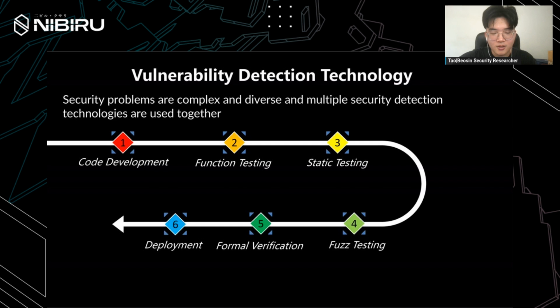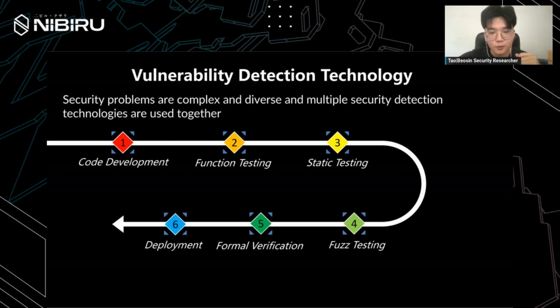A rigorous and secure business logic in your protocol is paramount for your project security. After you have designed a secure protocol business logic, then you can do the code development.